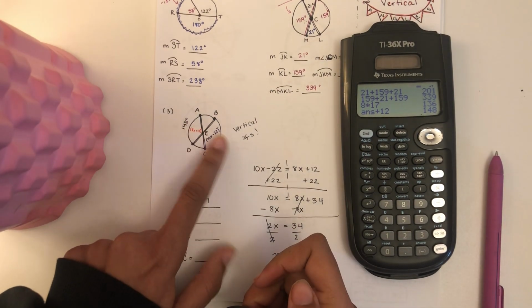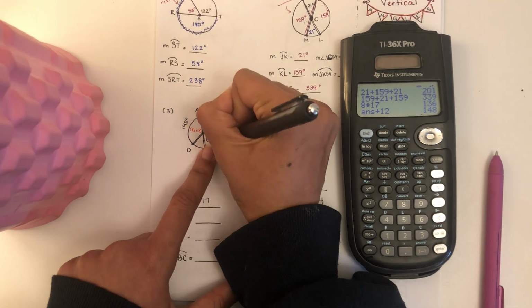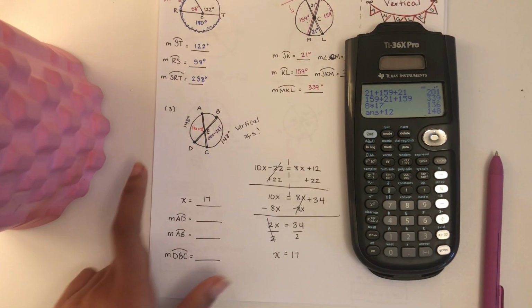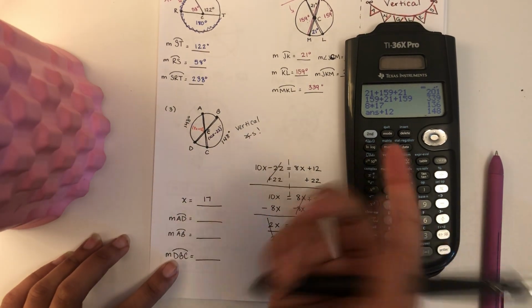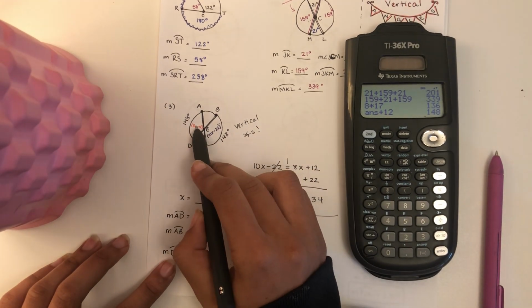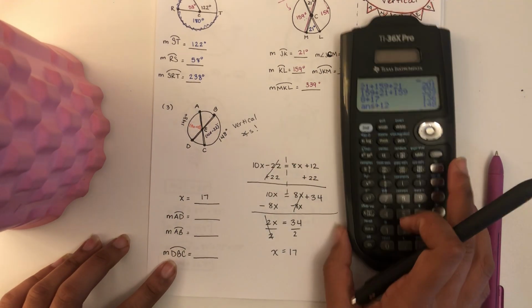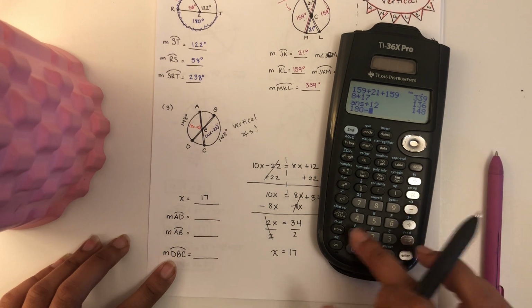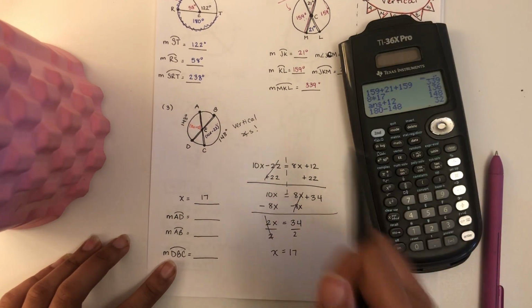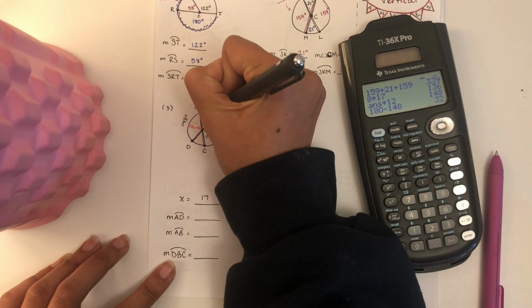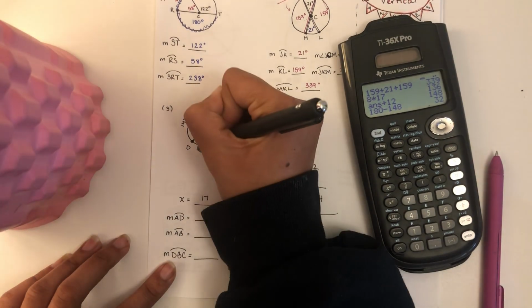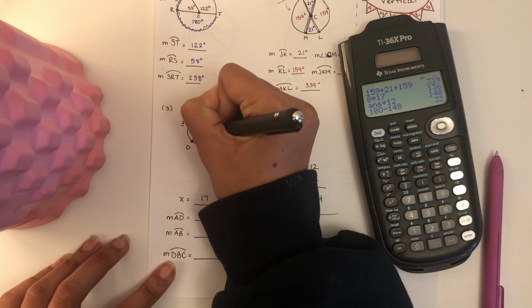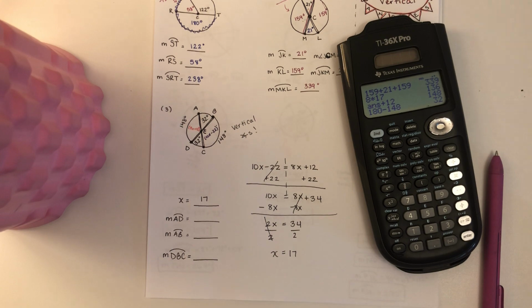If this is 148, that means that this is also 148 because they're vertical angles and they're going to be equal, right? We just did that. Now, this plus this would equal 180. So 180 minus 148 is 32. And because these are vertical angles, 32. Let's start answering some questions.